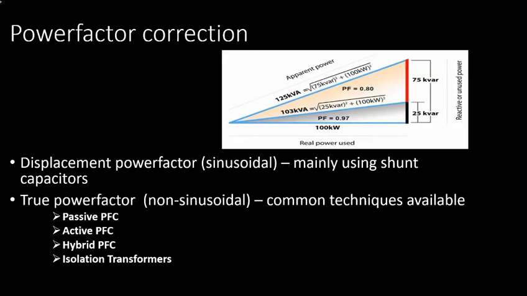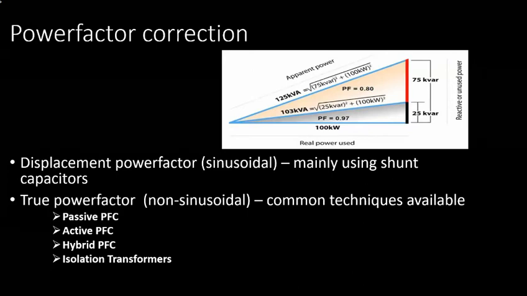Say, for example, in this example that is shown, from 75 kVAR to 20 kVAR, and the apparent power also reduces significantly for the same real power. So the real power is the same. For 100 kilowatts of real power, you are using much less apparent power, because we have been able to minimize the reactive power, which is pretty much contributing to the loss in any system.